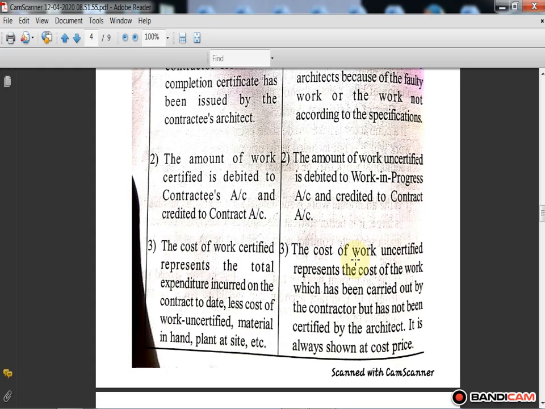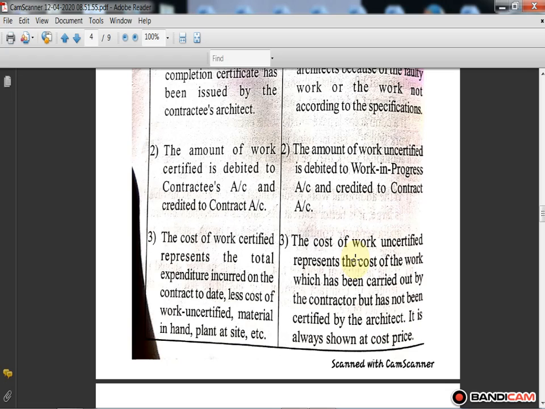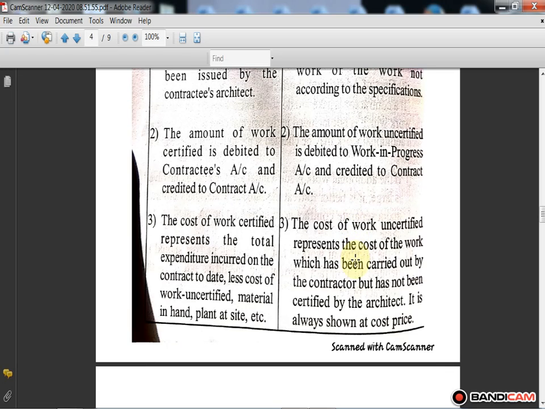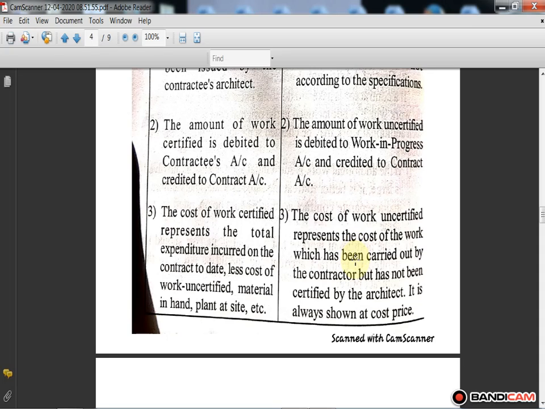The work certified amount is debited to contractee's account and credited to contract account, whereas work uncertified is debited to work in progress and credited to contract account.